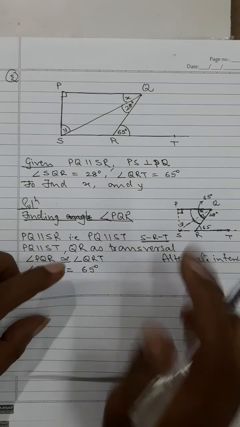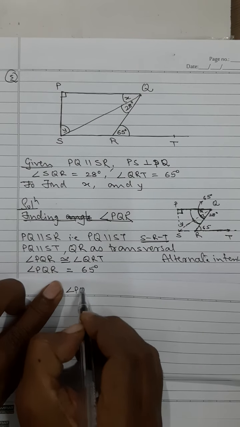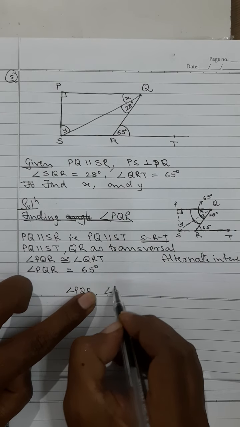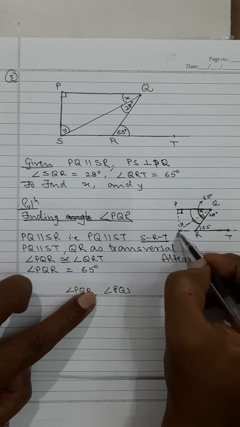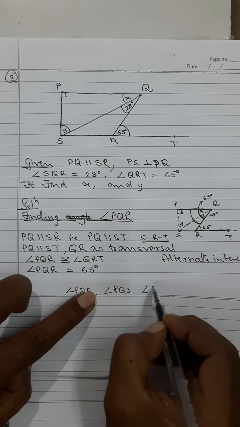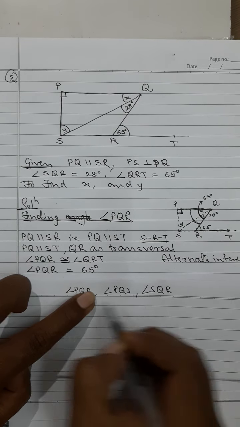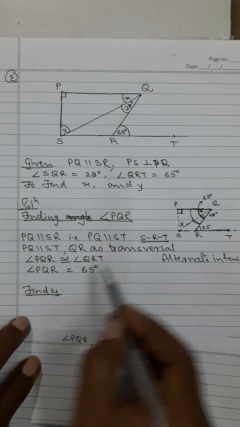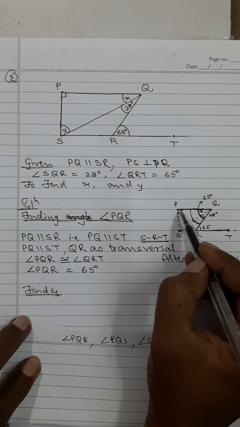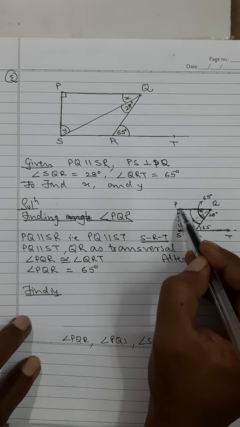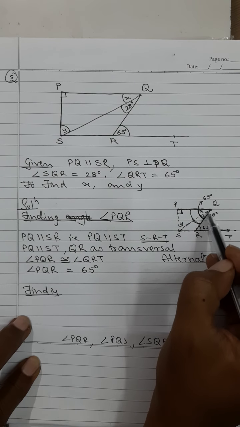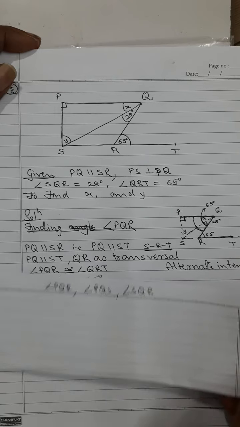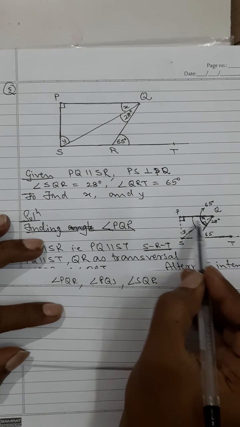So when you come over here, you are going to do angle PQR is equal to angle PQS and angle SQR. These three angles you are going to deal with now. Now we are coming over here, adjacent angles. Angle PQR is equal to angle PQS plus angle SQR. Try to trace this.